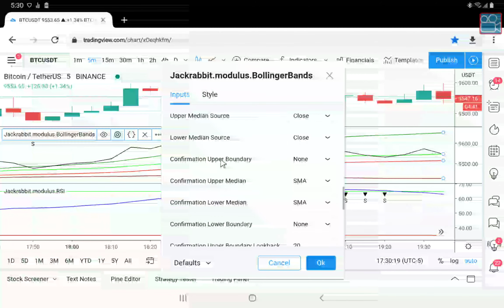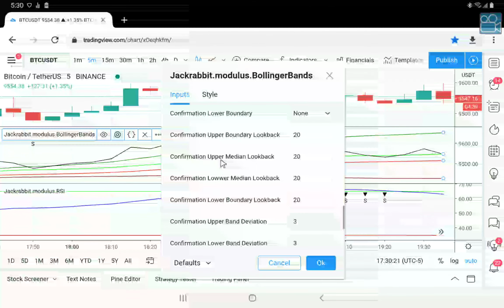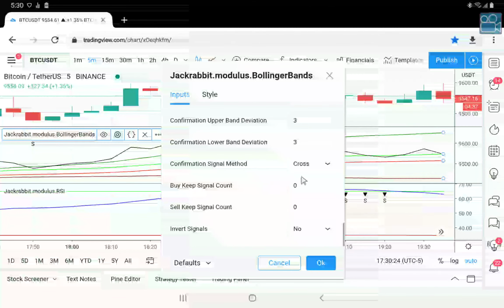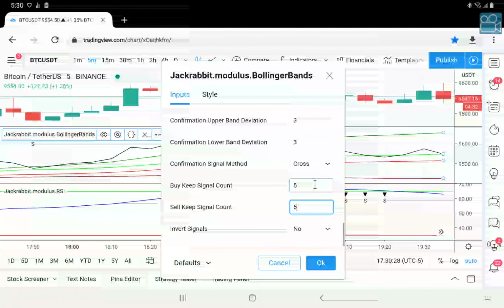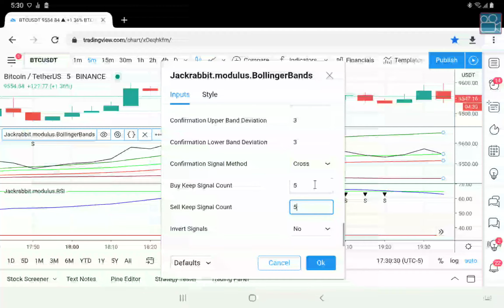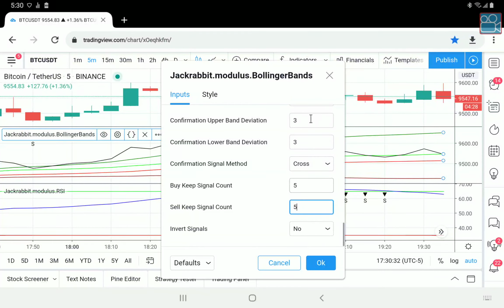Now it's important to remember that when you spend time working with this, it is as much visual as it is mathematical. I think I'm also going to change the deviation to 2. Make it a little more aggressive.